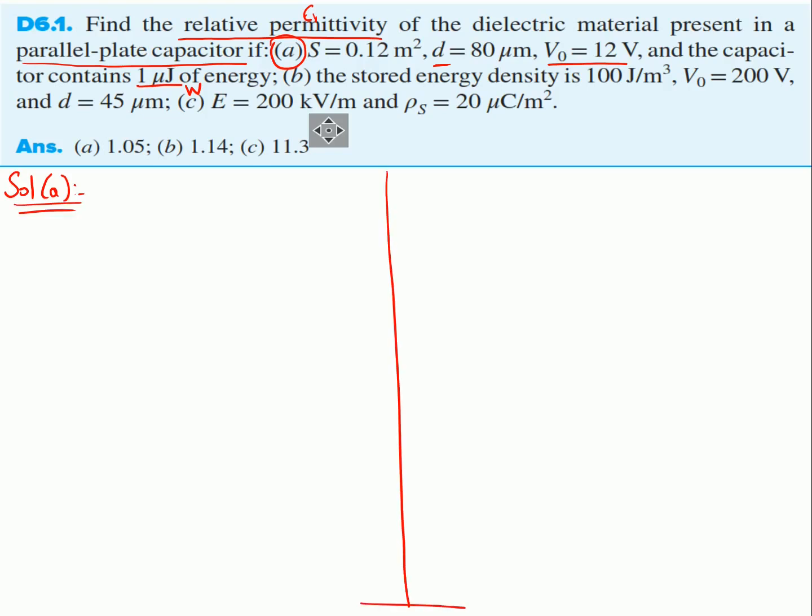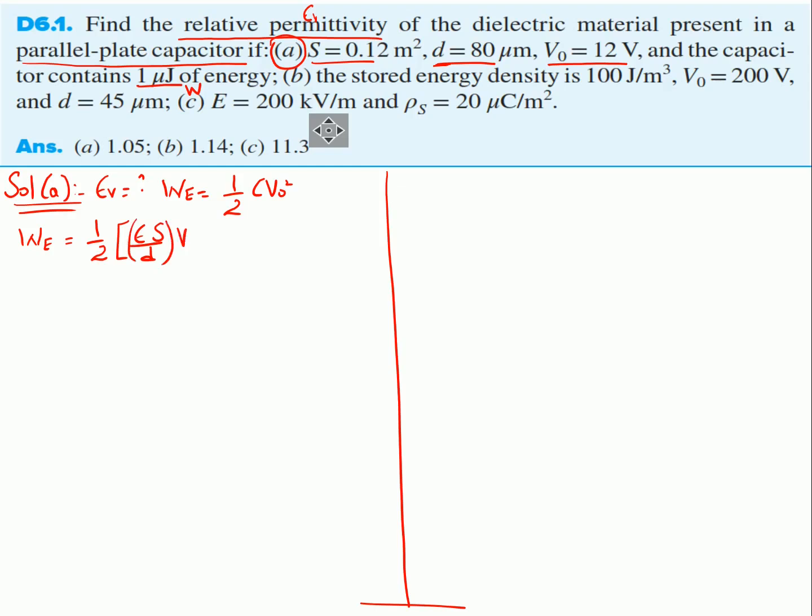Okay, so in the first part we need to figure out what is the permittivity inside this parallel plate capacitor, or the material's property. We have been given the value of the area, the distance, and the potential difference. So we can go different ways for this. Let's start with the simpler one. We know that the energy stored is half C V naught squared, and the capacitance for a parallel plate capacitor is represented as epsilon S divided by d, or epsilon A divided by d.